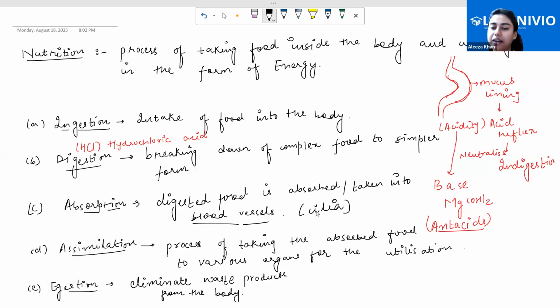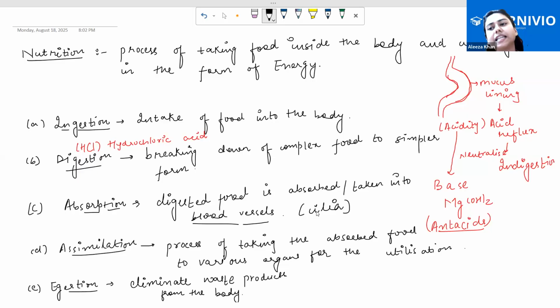If there is accumulation of undigested, unabsorbed food and all the waste material, it would create toxicity in the body, and toxicity can damage the various organs. That's why all these waste products should be removed from your body.